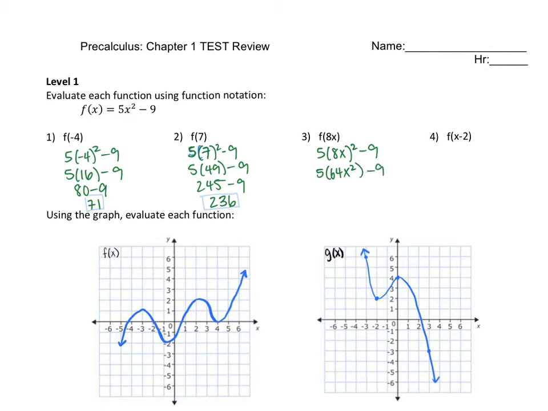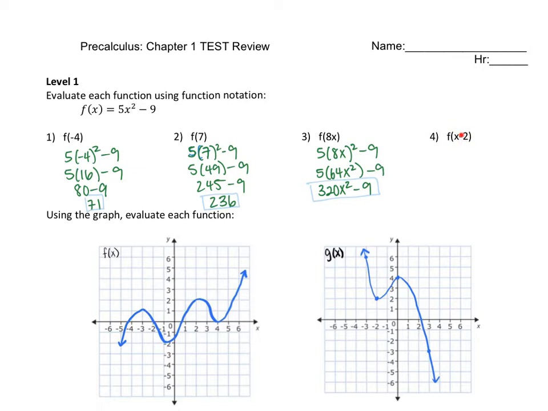And then you're going to multiply this 5 with the coefficient in front. So 64 times 5 gives me 320. x squared just gets brought down, and then the minus 9 is brought down as well, but I can't combine these two because they are not like terms, so this is my final answer.